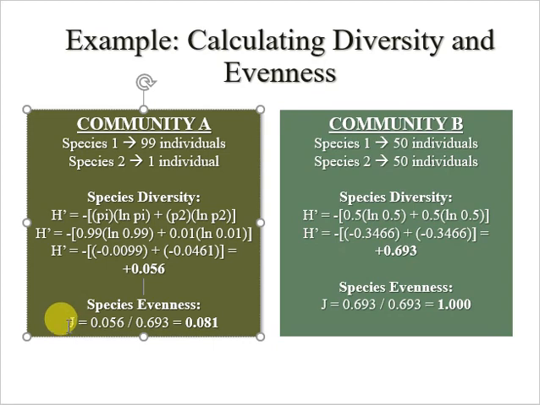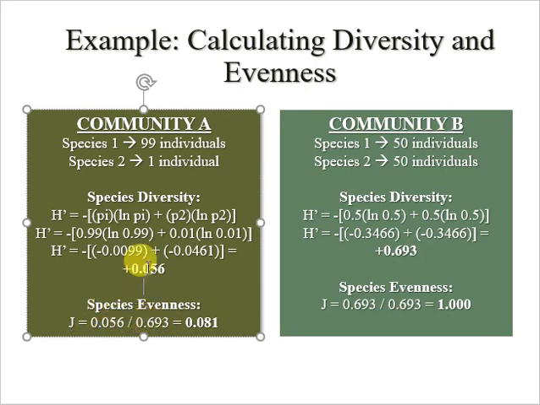So here, again, that formula is H prime divided by H prime max. The maximal value of diversity that we could possibly have in this community is a value of 0.693.